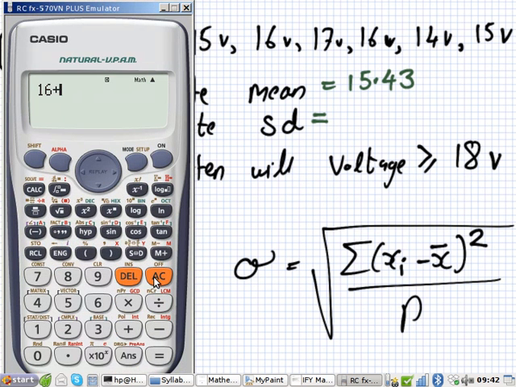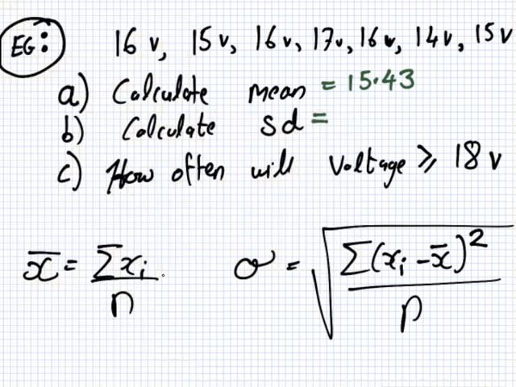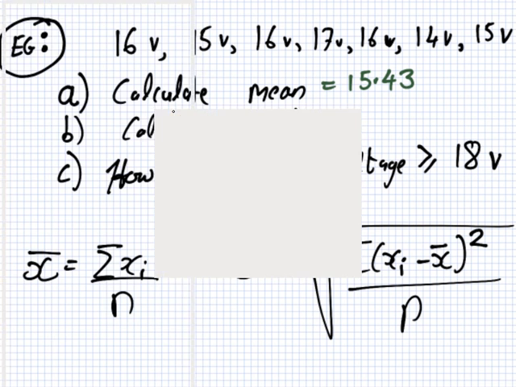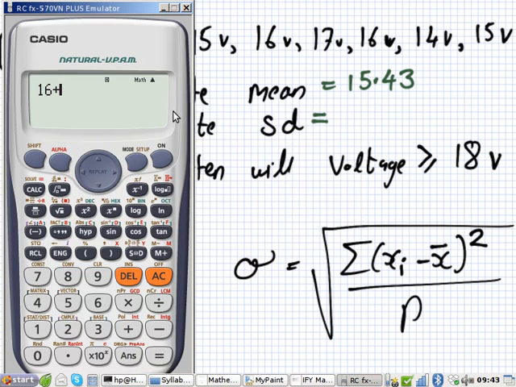16 plus 15 plus 16 plus 17 plus 16 plus 14 plus 15. Watch me. Tell me what I'm doing wrong. Is the first one 16? Yeah. The second one? 16.